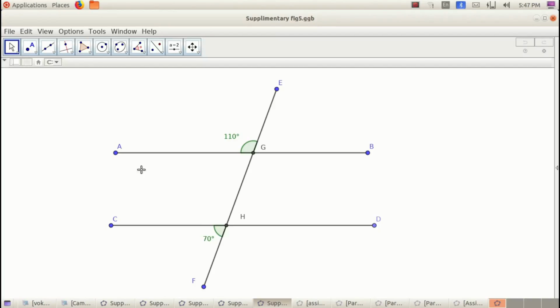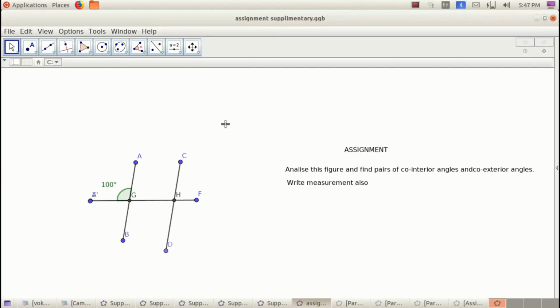Okay, it is very easy to understand. So I will give you one assignment here. Listen to this assignment. You can see a figure here. This AB and CD are parallel. In the examples we studied, horizontal parallels were there.